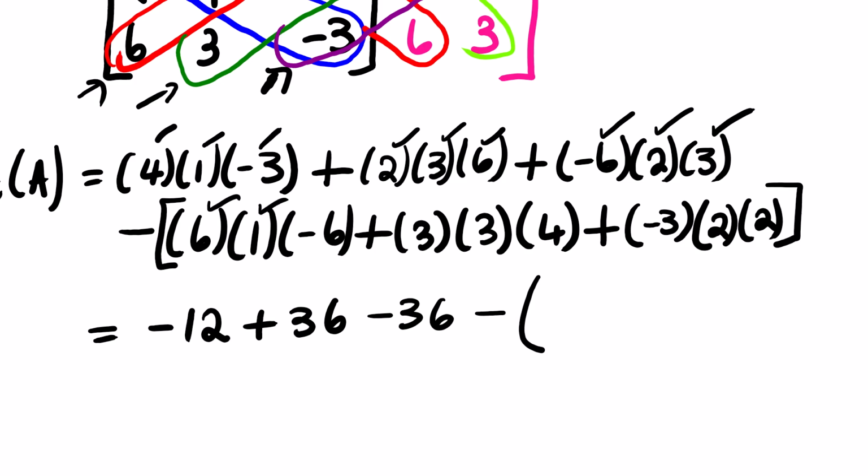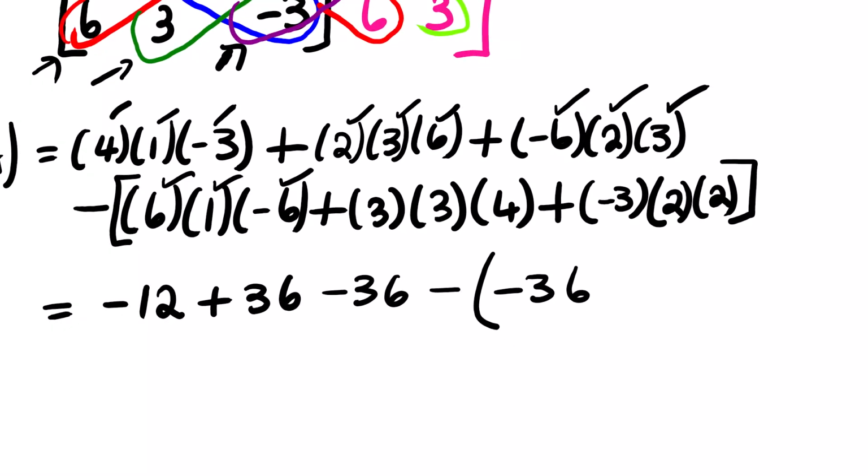Six multiplied by 1 is 6, multiplied by negative 6, the answer will be negative 36. Three multiplied by 3 is 9, multiplied by 4, the answer is positive 36.